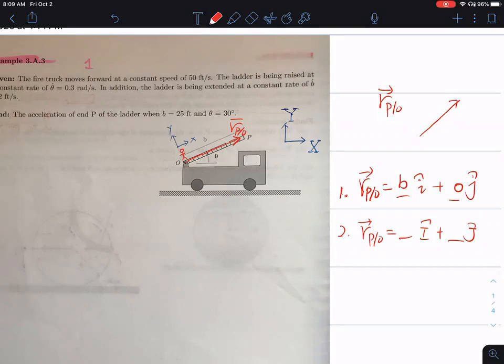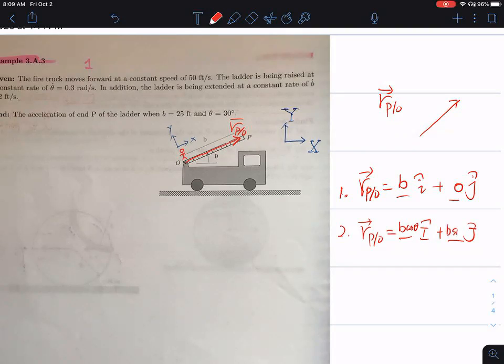Okay, now let's look at this guy, capital I, capital J. What is the value in front of capital I and capital J? Can somebody tell me? B cosine theta. And what's in front of J?